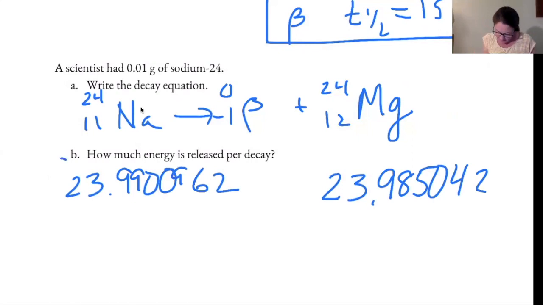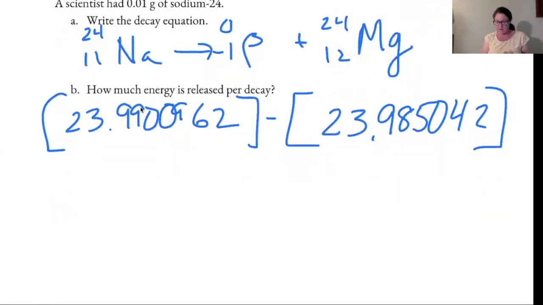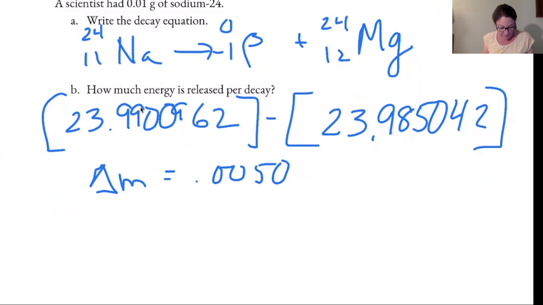So I'm going to subtract these two values to get my mass decrement. 23.990962 minus 23.985042 gives me a change in mass equal to 0.00, only two zeros, 505 atomic mass units.